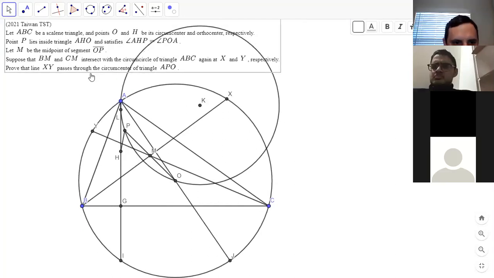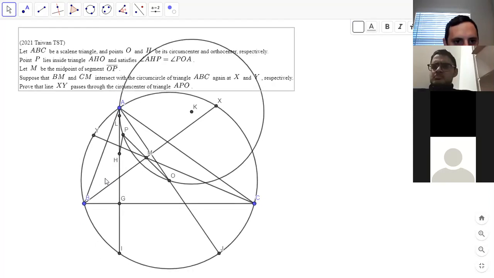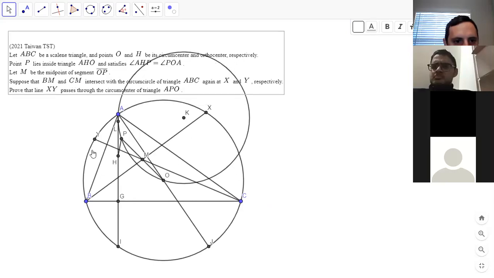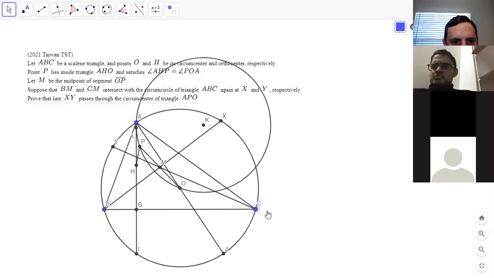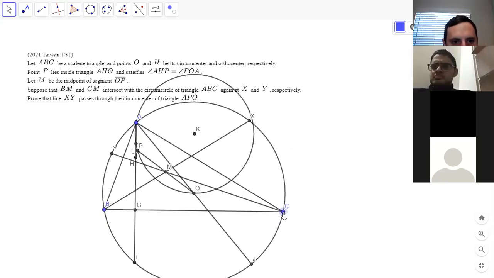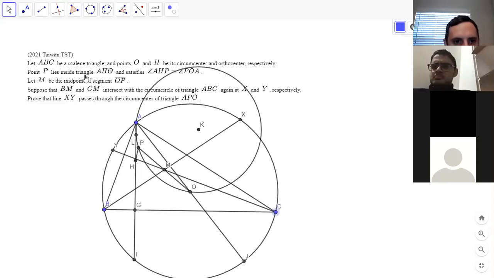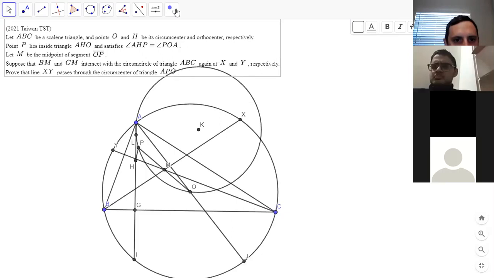Let me shrink the diagram a little bit. I think it's some... Yeah. All right. And I could probably move point D around too.